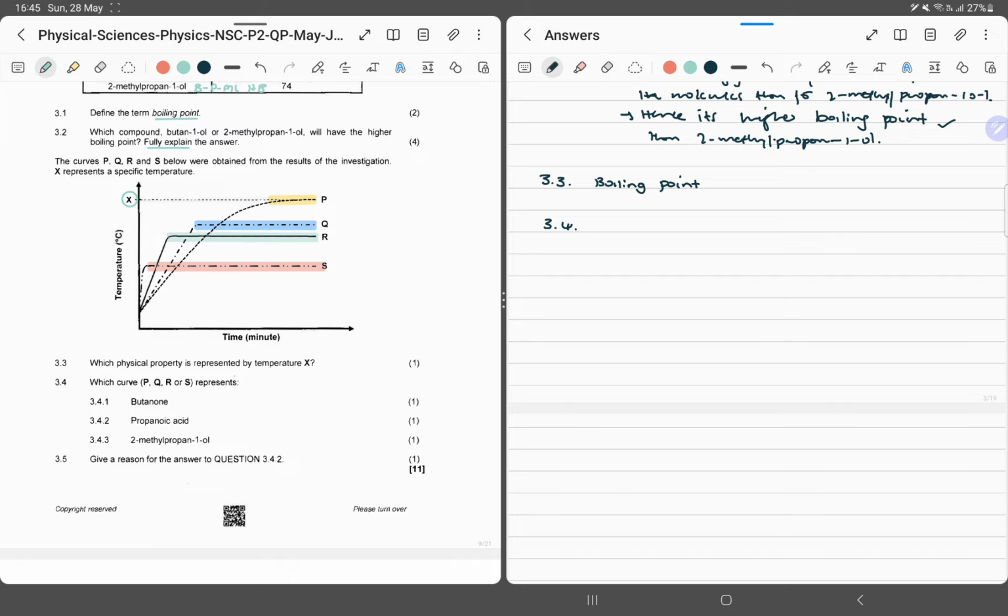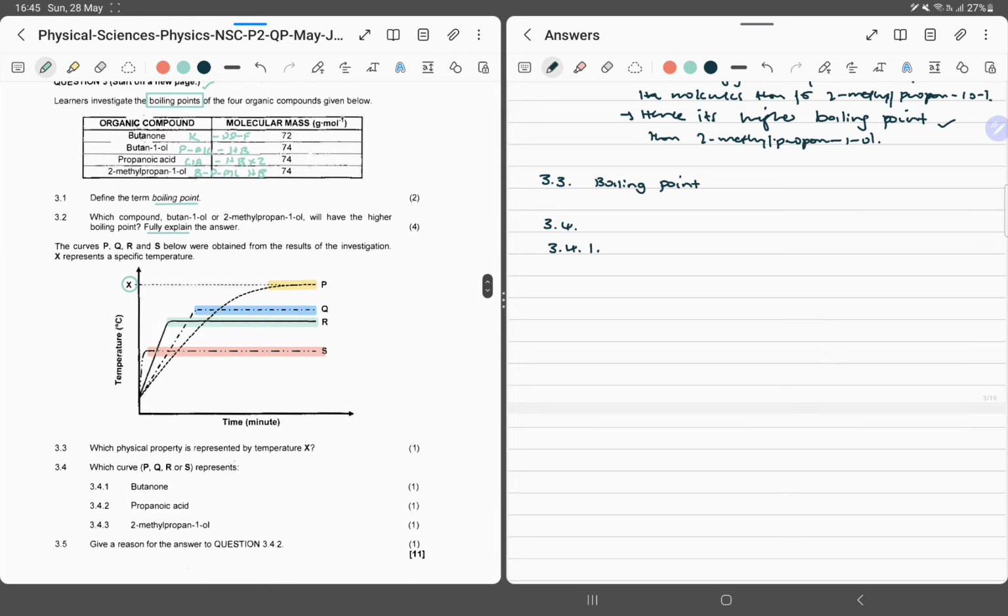And we've got here 3.4.1 for butanone. Now remember, butanone, if we list them according to their boiling points, first of all, we know here that butanone has dipole-dipole forces, so it's going to be this one.